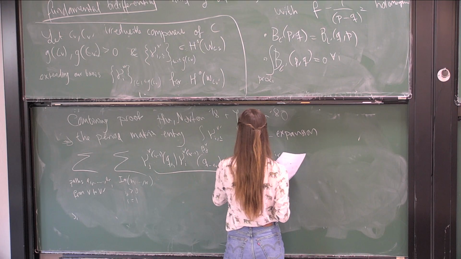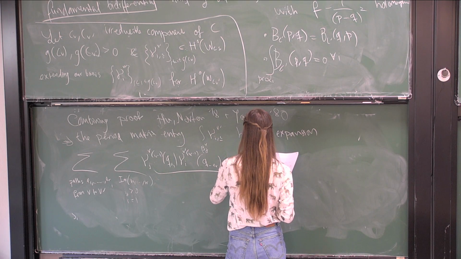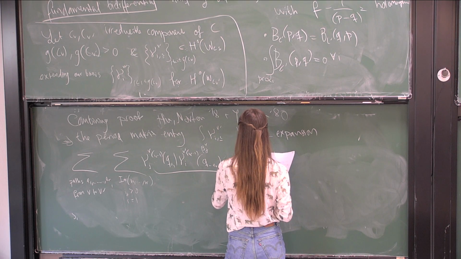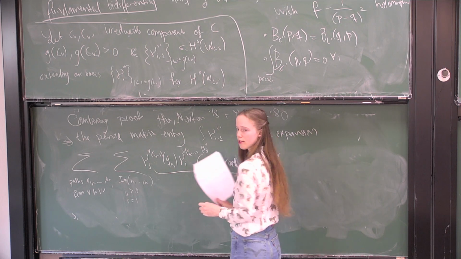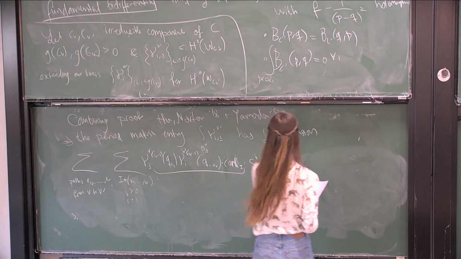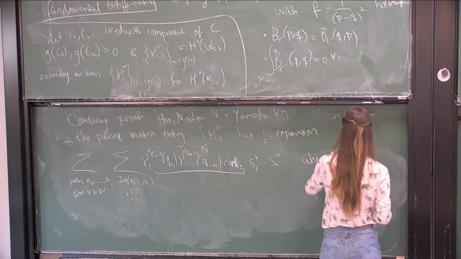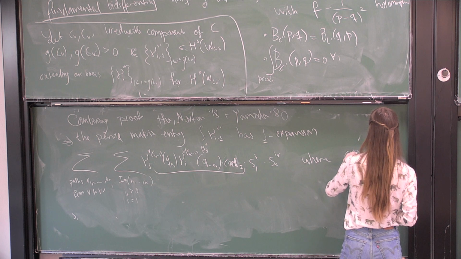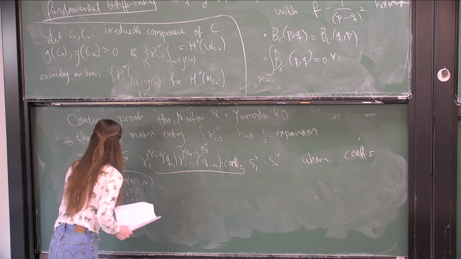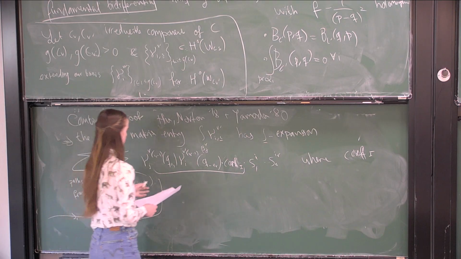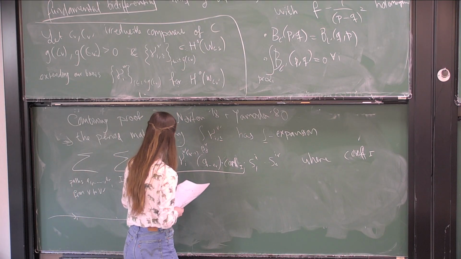And then you have some coefficient that is dependent on this I and on the curves along this path. So this coefficient is an explicit constant, and I can also find exactly what it is.